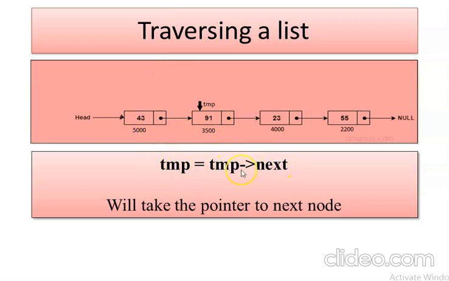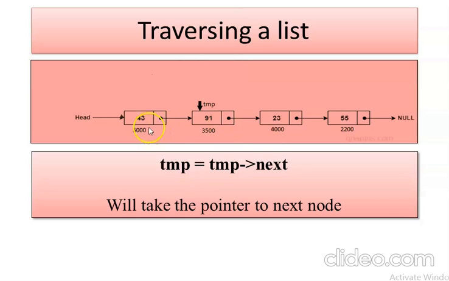So if we use TMP equal to TMP arrow next, we can move the pointer from one node to another. This process can be repeated until we reach null. If we reach here, then TMP arrow next will be null. So with this statement, we can move from one node to another node.